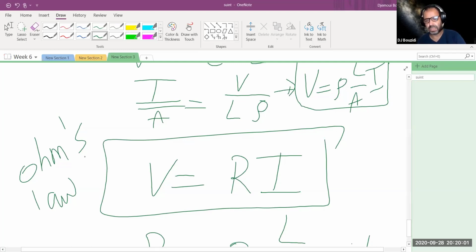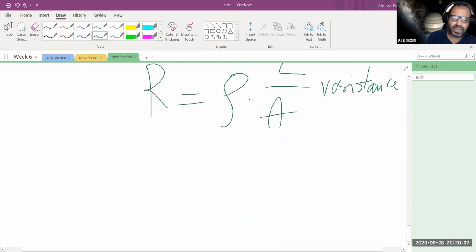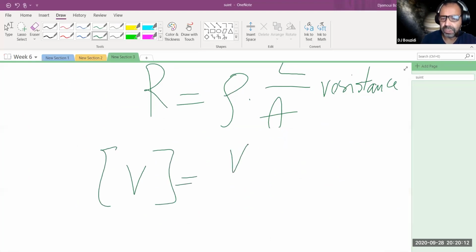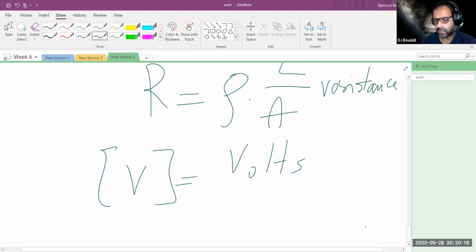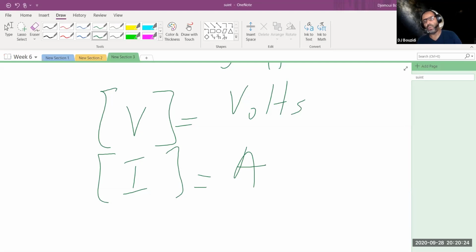In terms of the units, V is measured in volts, and I is measured in amperes. And volts, now we know what it is: it's joules per coulomb.